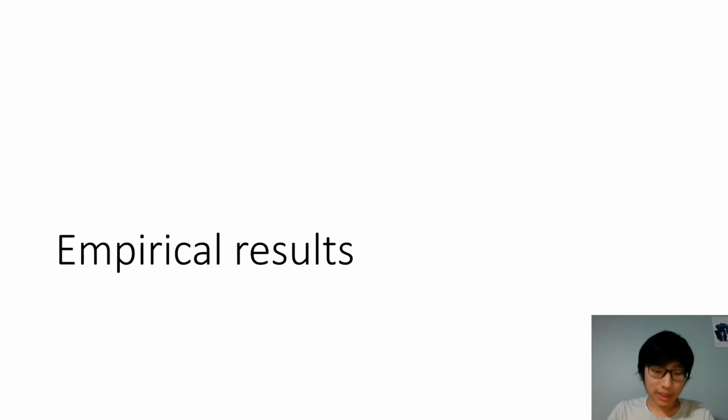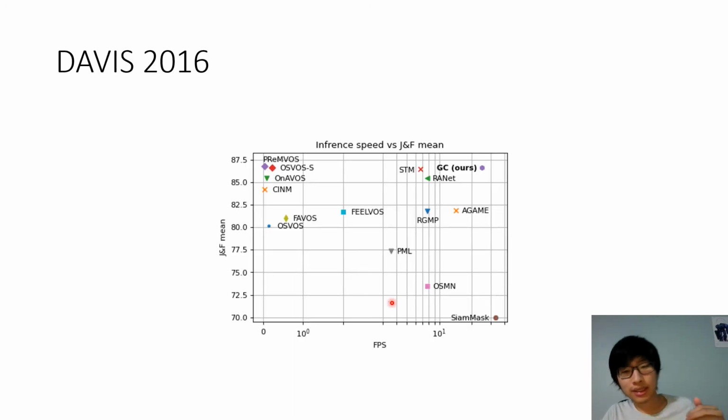So now let's dive into the experimental results and see how the GC module performs in practice. On DAVIS 2016, you can see that the GC module achieves almost the best performance among all the online or offline methods, and at the same time also achieves real-time processing speed.